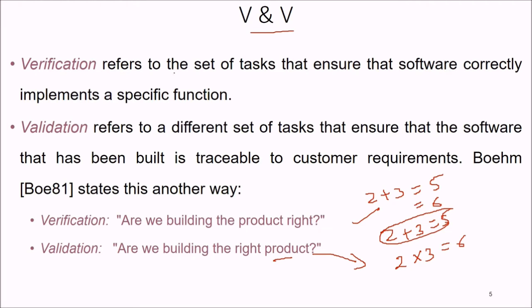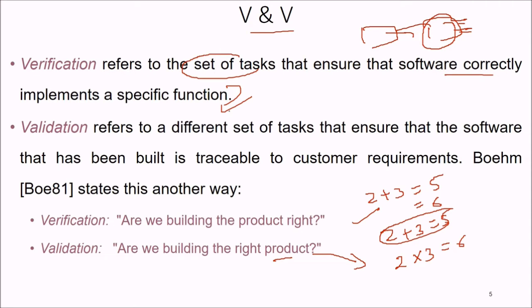So verification refers to the set of tasks that ensure that software correctly implements a specific function, or whether the outputs of a certain phase conform to the input of the previous phase. This is also a definition in various books.